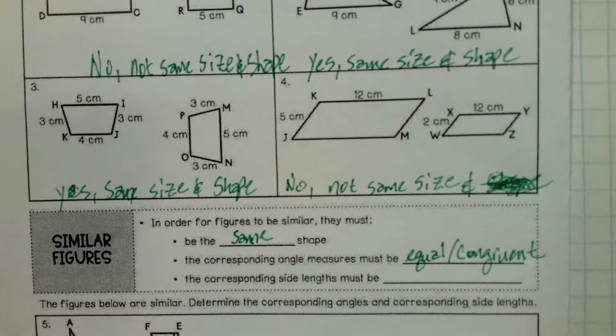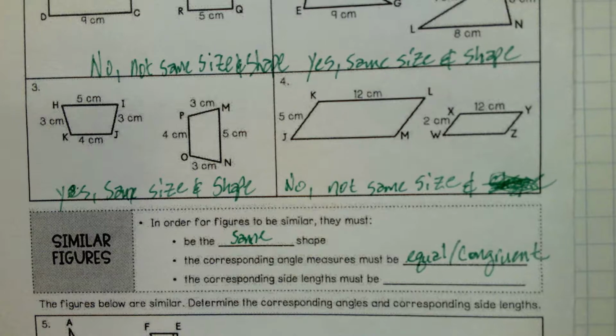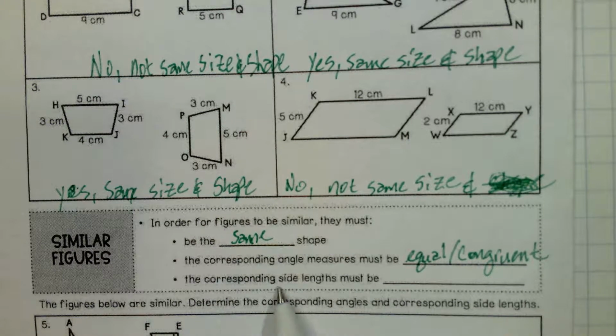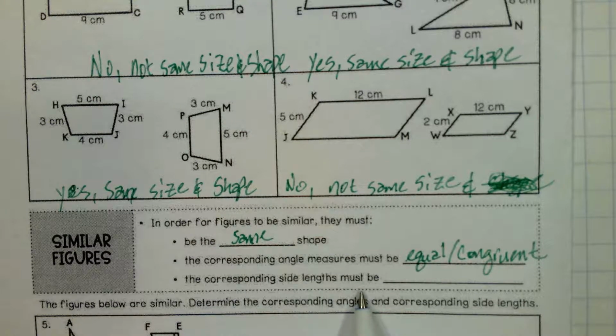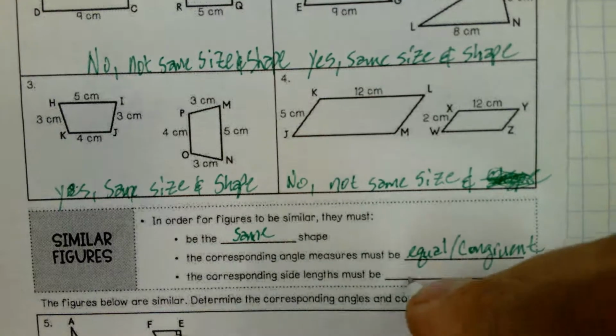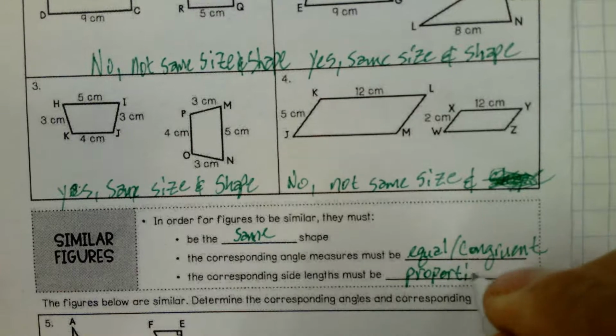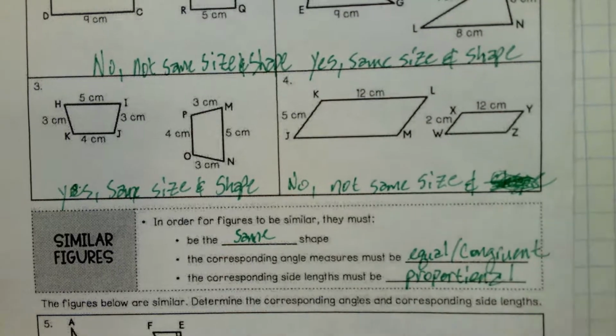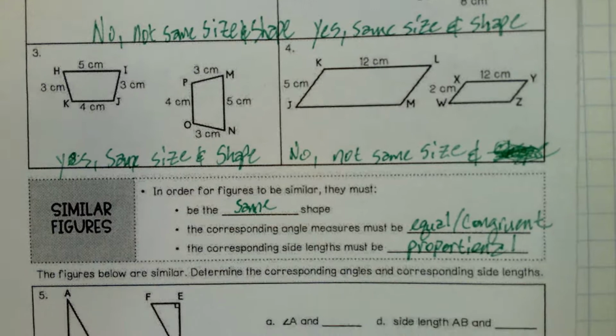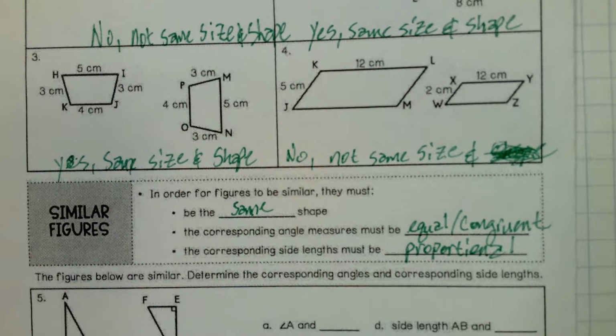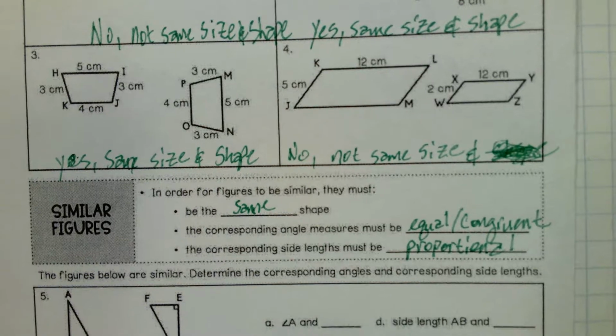The angles have to be congruent, the same measurement, and the corresponding side lengths must be what we call proportional. And it's always going to appear that you've got a larger one and a smaller one, like a little mini me of one of the shapes.